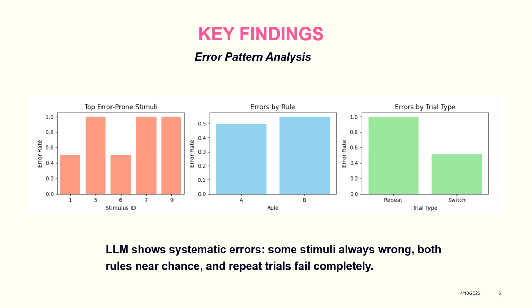As a result, this pattern suggests that the model is not forming a stable internal representation of the rules. Instead, it may rely on shallow heuristics that break down under even minor variations.